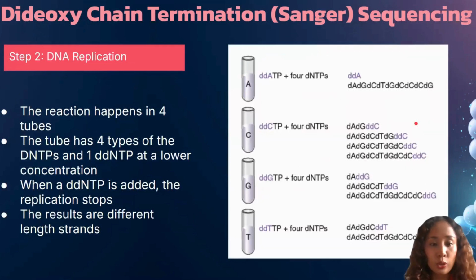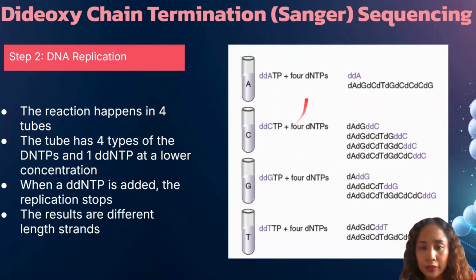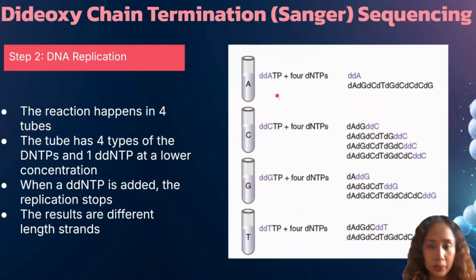So what happened? Now the same thing is true as with our chemical sequencing. We have 4 tubes here, and each tube has one ddNTP.